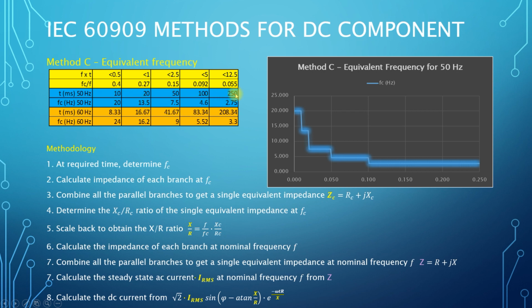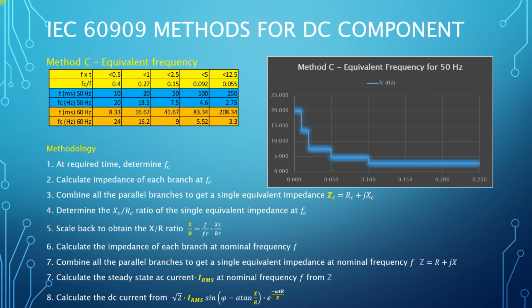So if we return to the 50 Hertz system, basically the value of Fc varies as a function of time after the fault, and that's what I've plotted here in this graph. So initially 20 Hertz, then falling to 13.5 Hertz, then 7.5, then 4.6, then 2.75 Hertz.